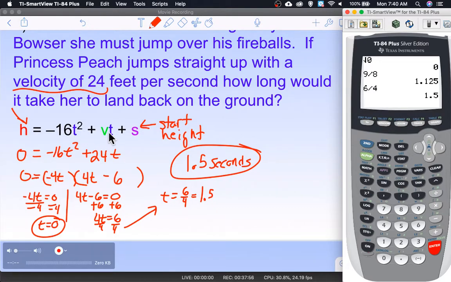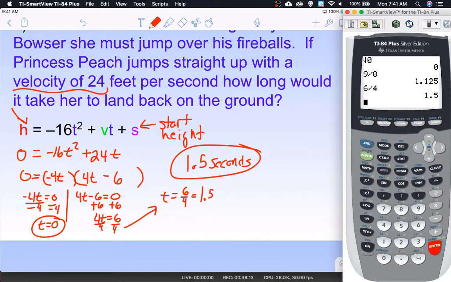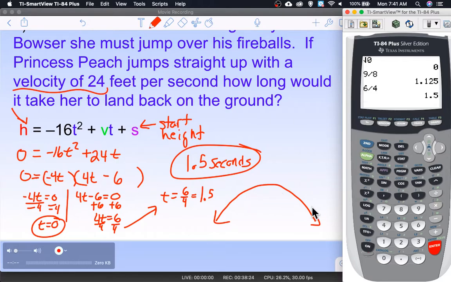This velocity here would be, instead of somebody throwing it up in the air, if you threw it straight down toward the ground, your velocity would be negative and make it go to the ground faster. So this is the actual formula that science people use to calculate something that's being thrown or hurled, because everything you do is affected by gravity and moves in this parabola shape, and that's the formula for this parabola shape. So it's kind of cool that this actually does work.